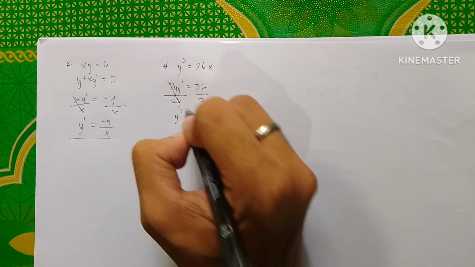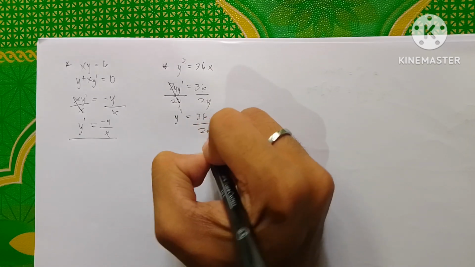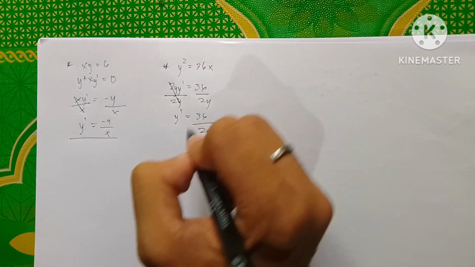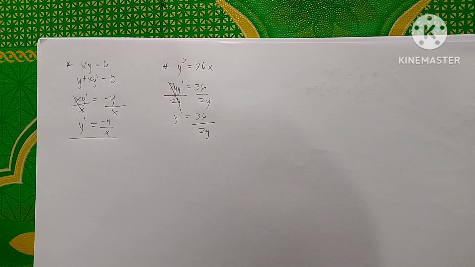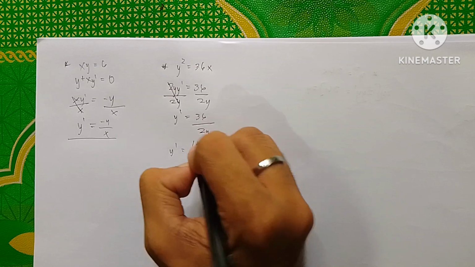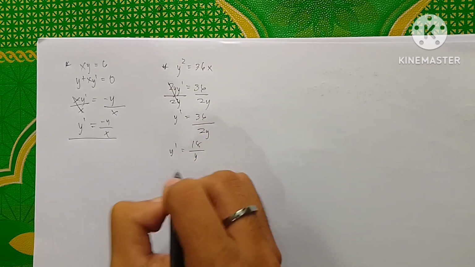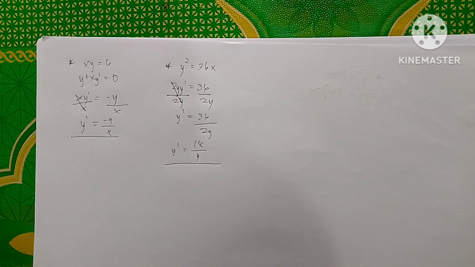So y prime equals 36 over 2y, which can be simplified by dividing by 2. So we get y prime equals 18 over y. So we got their first derivatives, or their slopes.